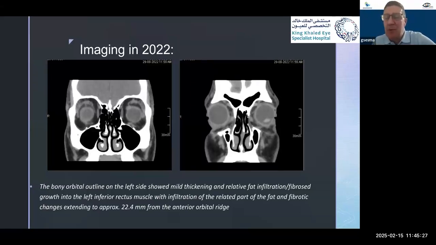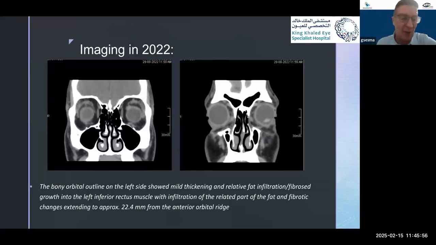But the reason to bring this case is that in our algorithm, if you have a patient with a history of orbital floor fracture, and you have adhesions and things that can induce restriction in the floor, most probably the cause is there. Most probably what we need to check is in the orbit and not in the eye. So that's why we brought it.